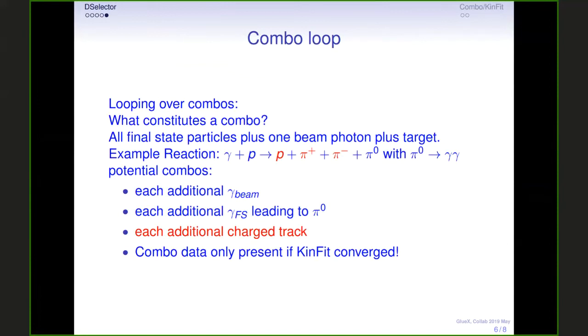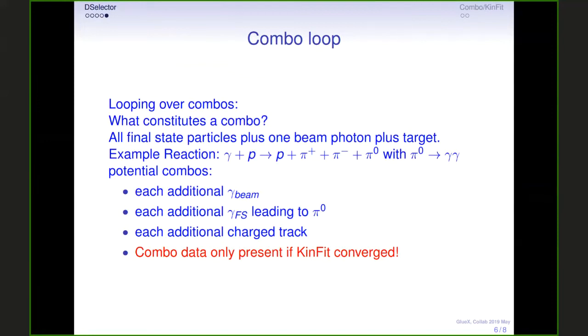Now I realize I misunderstood you a little bit. What I mean is that the reaction filter that was run to produce the REST file, you will have combos in your list where the kinematic filter converged. It will not write in a combo that did not converge.